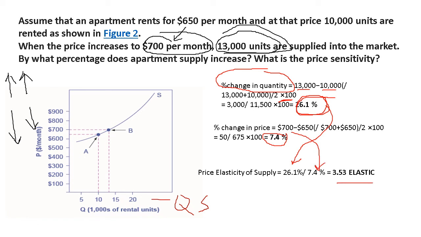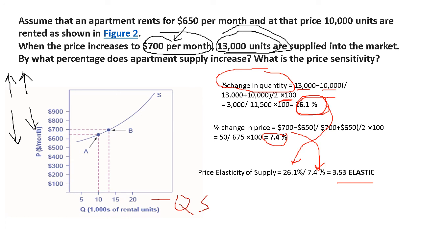And the price change from 650 to 750 is an elastic supply. Elastic supply. So, what does it mean?